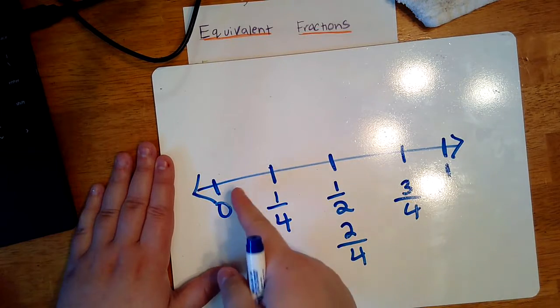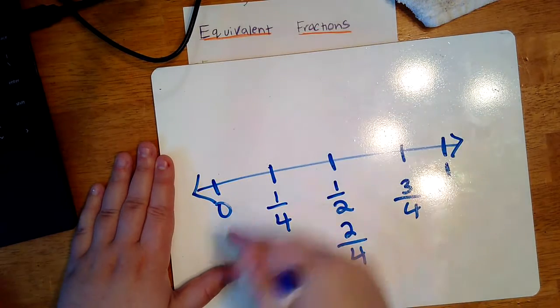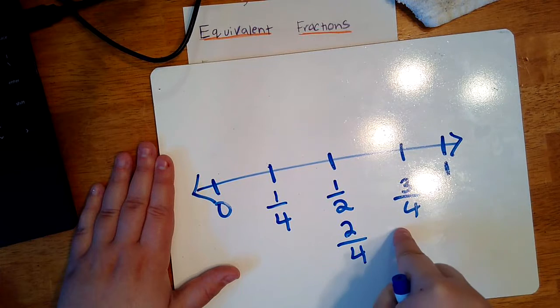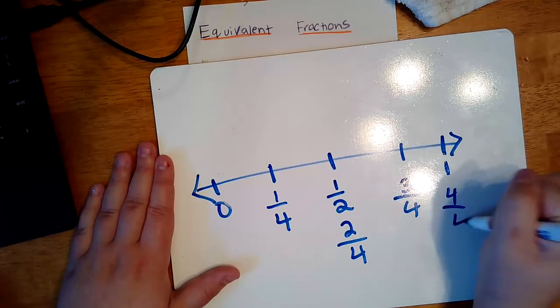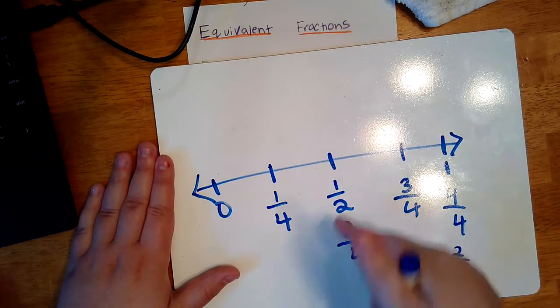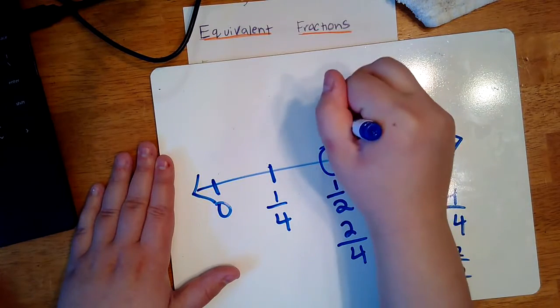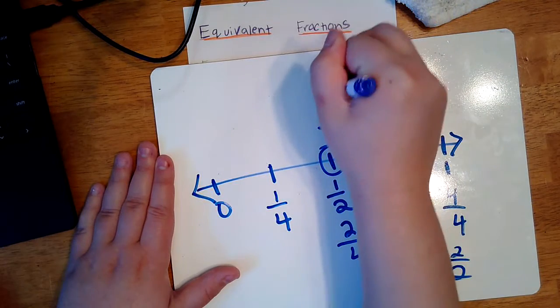Because there's 4 parts, 1, 2, 3, 4, and they are all the same size. So we see that 1, 2, 3, and this is 4/4, or 2/2. 1/2 and 2/4 fall on the same place on the number line. So that's how we know that they are equivalent.